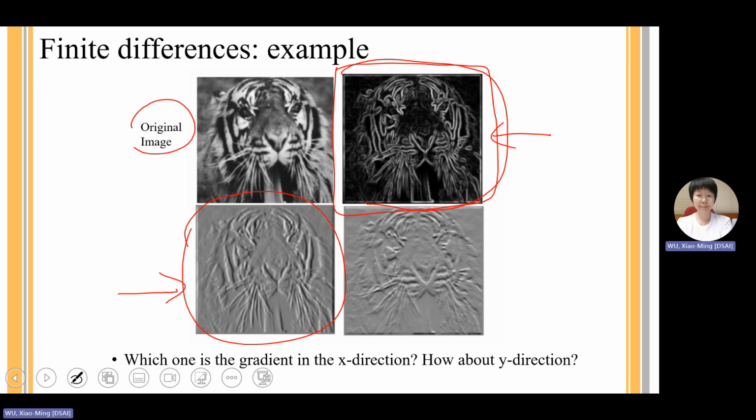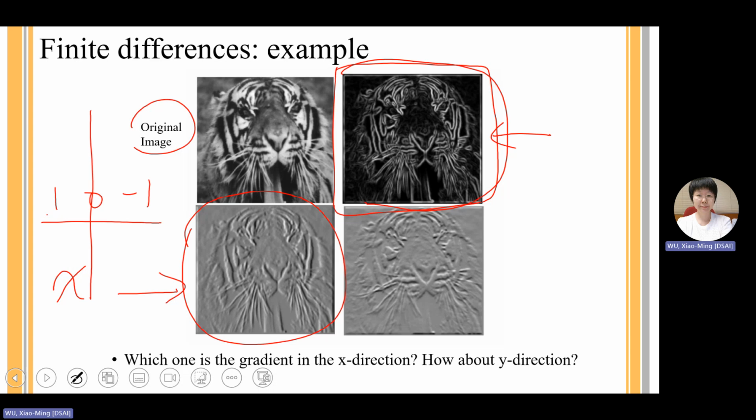What kind of edges are more significant within this image? The vertical edges. So this is the result of the x derivative, because the x derivative is specialized for detecting vertical edges.